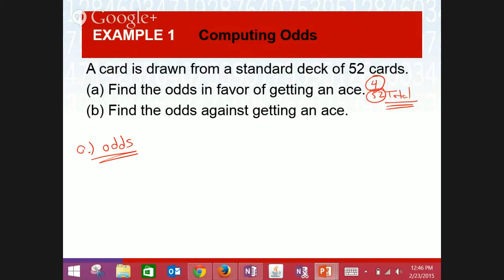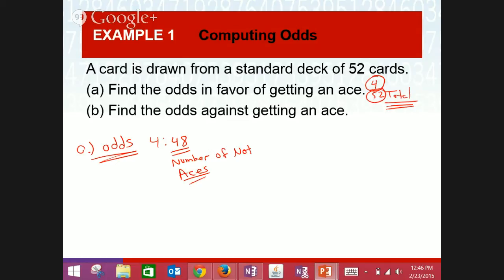The odds are going to be 4 to 48. This is the number of not aces.